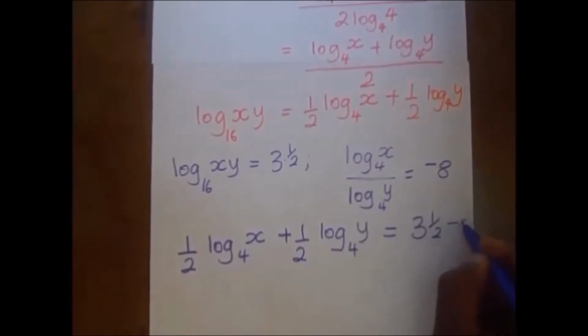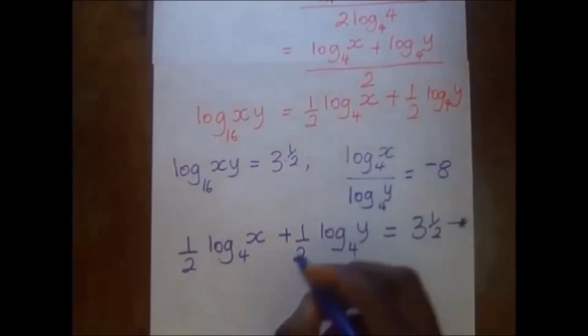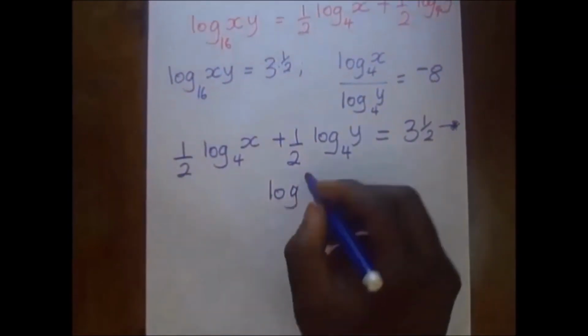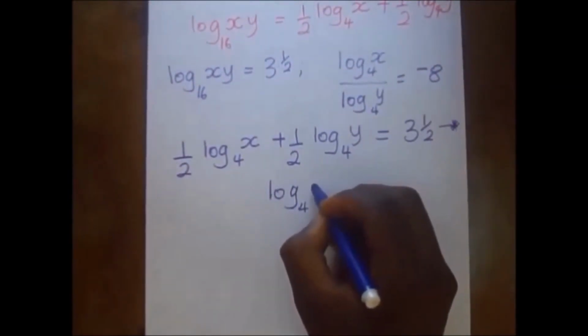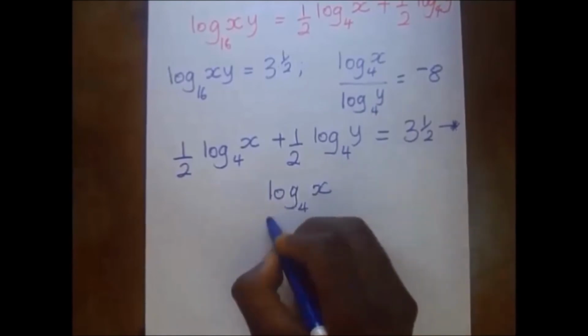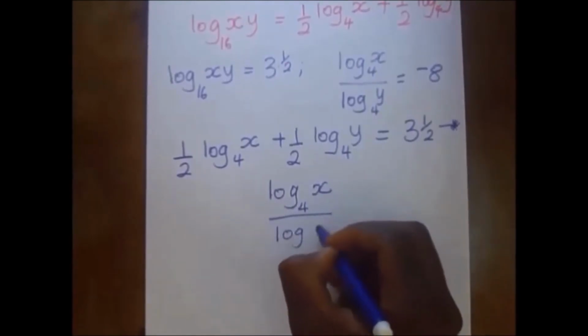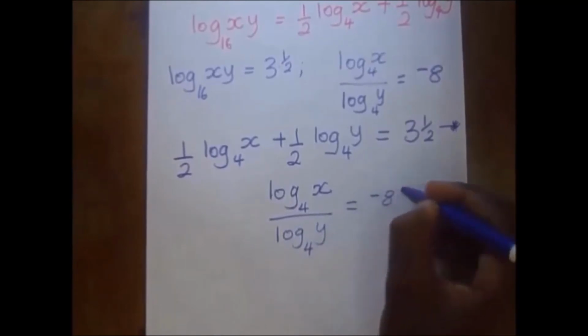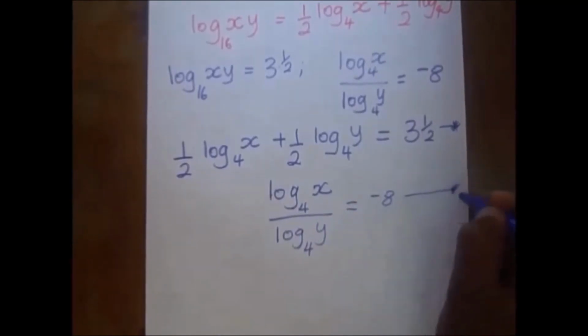That is our equation 1. Then also the second expression here is going to be the log of x base 4, divided by log of y base 4. This is going to be equal to -8. That is our second expression.